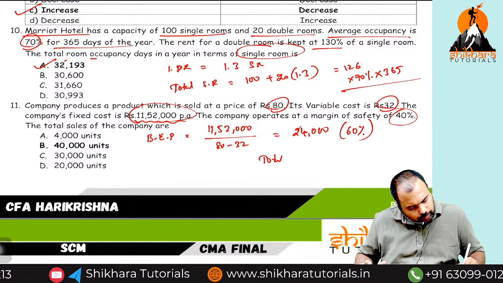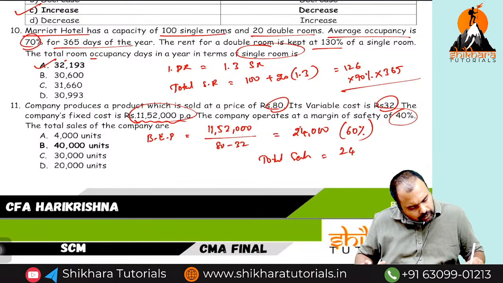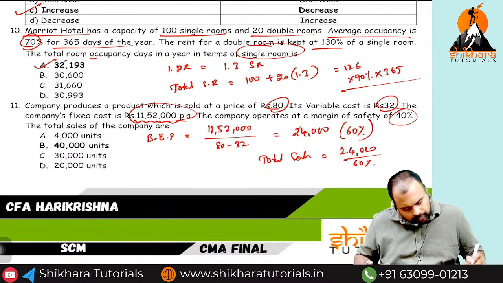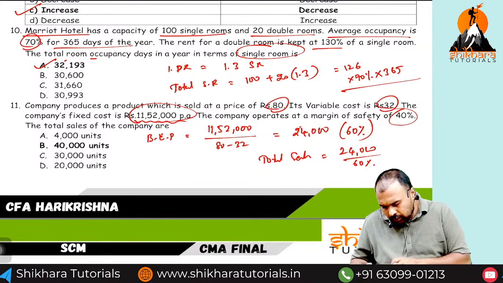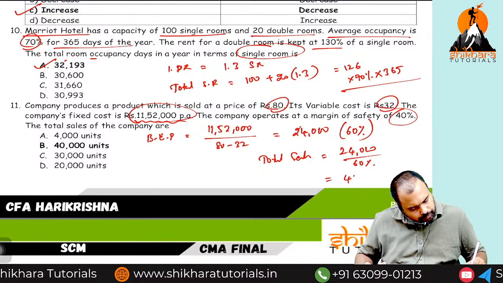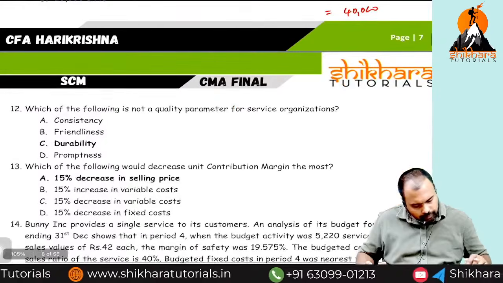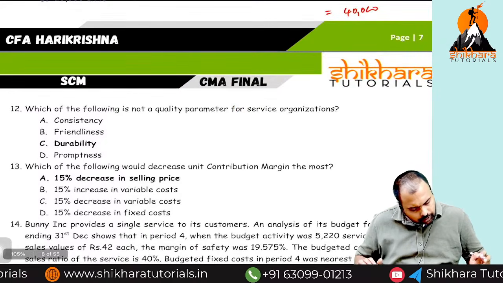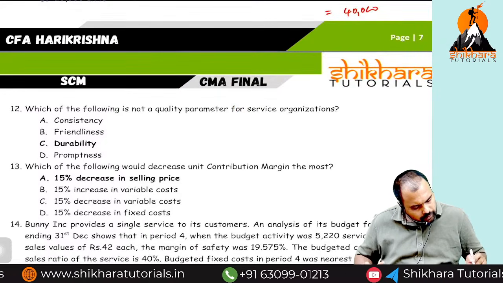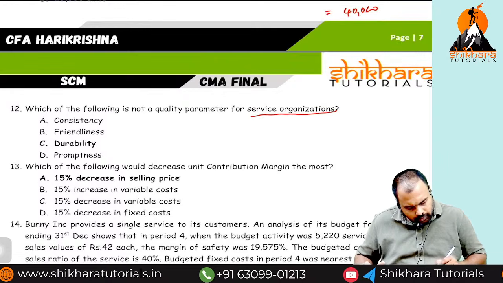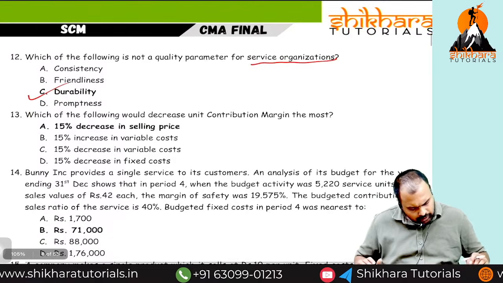Then total sales has to be 24,000 divided by 60%, which is 40,000. So 40,000 has to be your answer. Next. Which of the following is not a quality parameter of a service organization? So which is nothing but durability, which we already saw earlier.